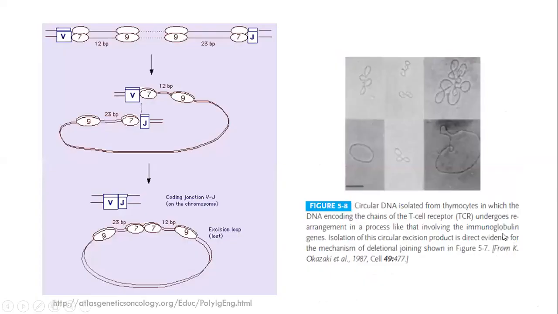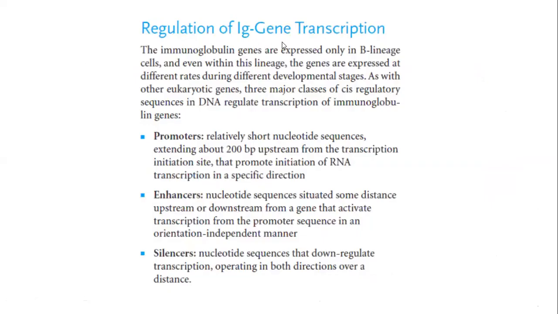So that specifically says that regulation of immunoglobulin gene transcription is controlled. The immunoglobulin genes are expressed only in the B lineage cells, and even within this lineage, the genes are expressed at different rates at different developmental stages. How is this regulation controlled? It is controlled by three units of DNA which control gene expression on and off: one is called promoter, another is called enhancer, and another is called silencer.